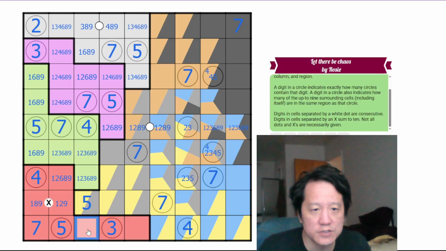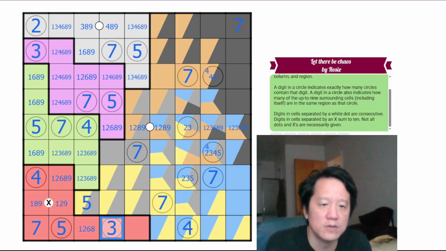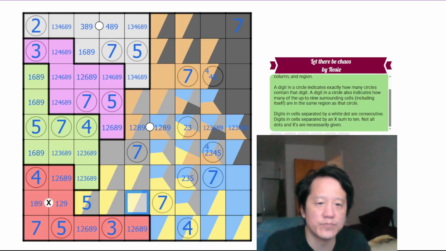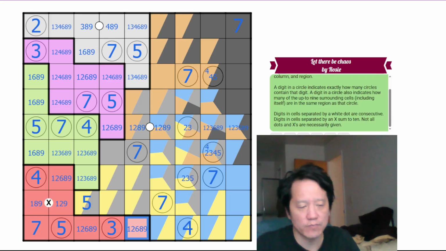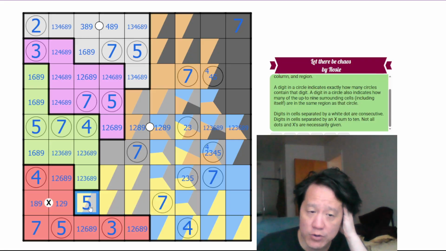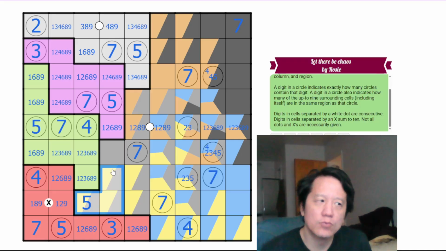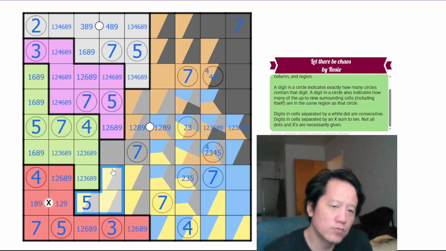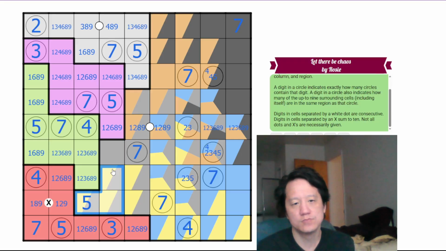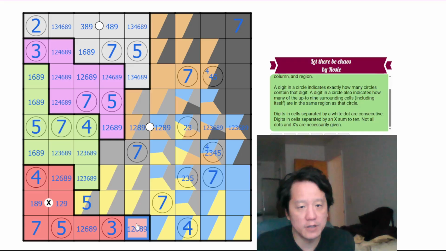And we have 1, 2, 6, 8, 9 here. Okay. So this is either part of yellow or it's part of medium. Interesting. This has red here.